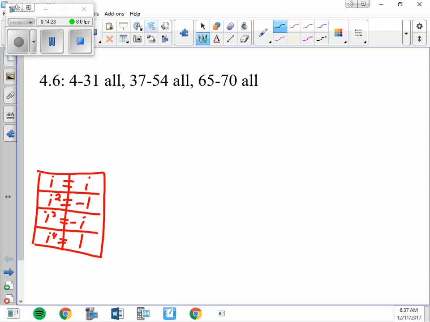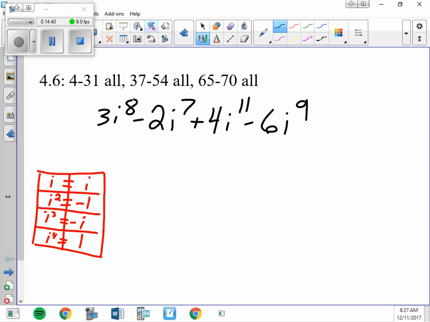Okay. What about 3i to the 8th minus 2i to the 7th plus 4i to the 11th minus 6i to the 9th? Well, I don't want to write a chart that goes all the way up to 11. So there's a trick we can do. This pattern repeats every fourth power, right? i is going to be the same as i to the fifth, right?